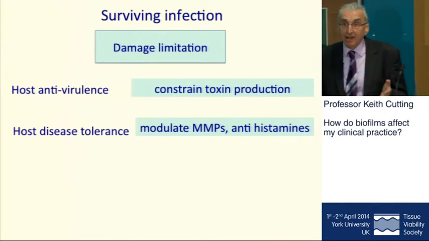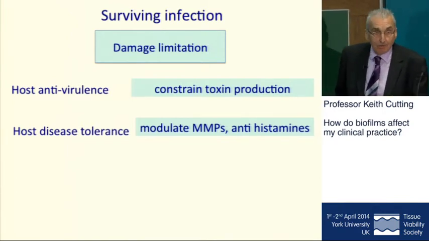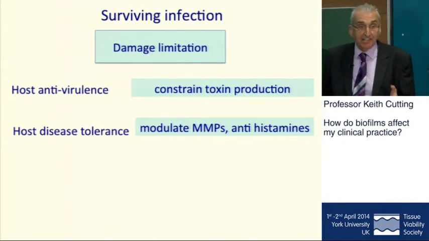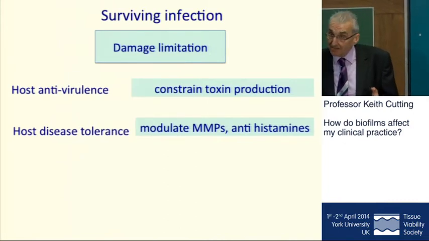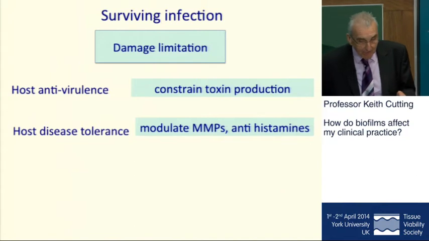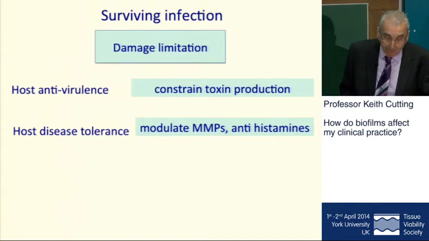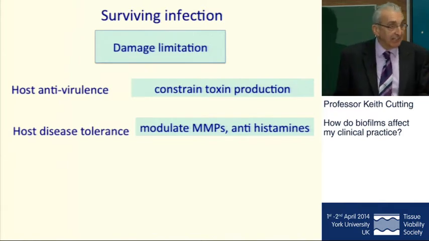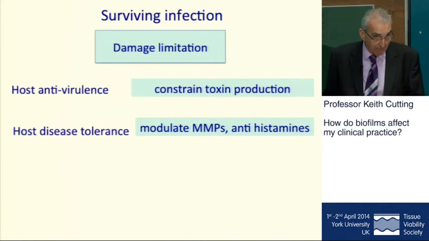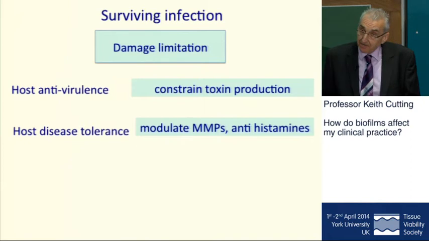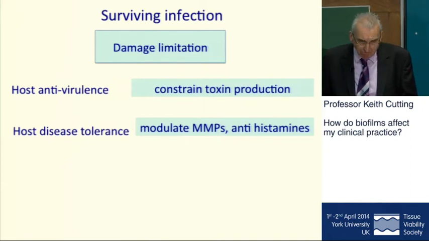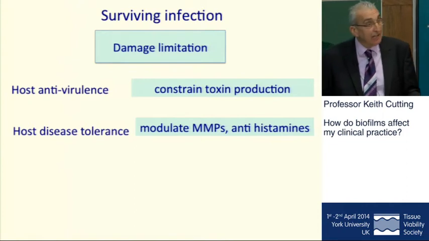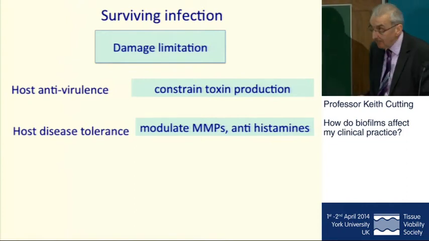Antihistamines. How many apply antihistamines? Morganella morganii expresses histamine as a virulence factor, does it not? And you can manage histamine production with cetirizine, 10 milligrams twice daily, and ranitidine, 150 milligrams twice daily.